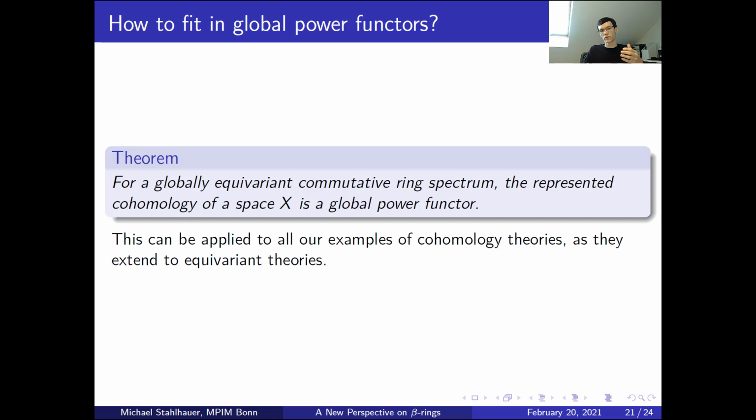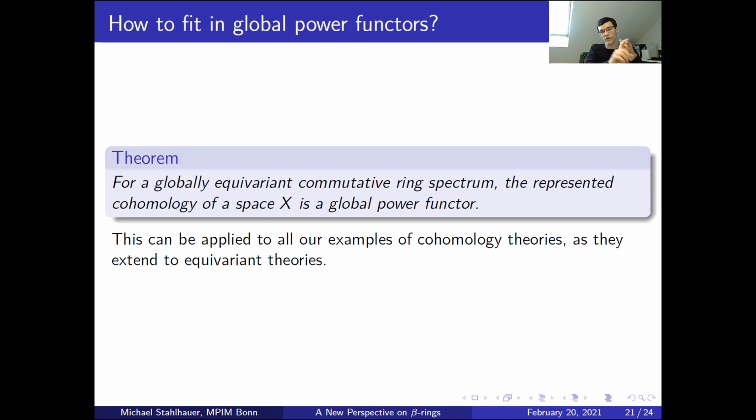Okay, and how do these global power functors fit in our theory? Well, if we have a so-called globally equivariant commutative ring spectrum, then the represented cohomology for any space is a global power functor. And this can be applied to our examples because those all have equivariant theories refining those.